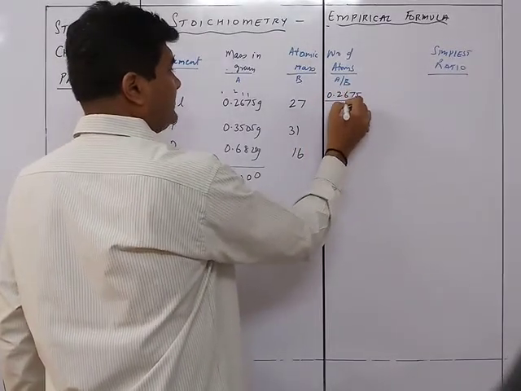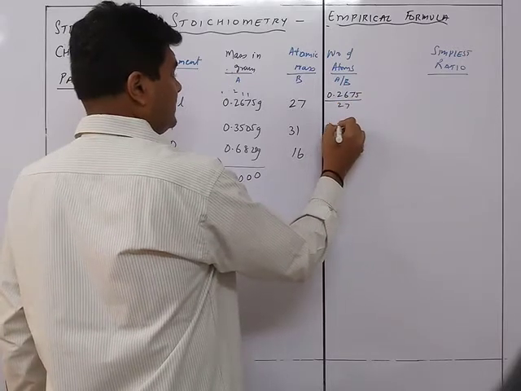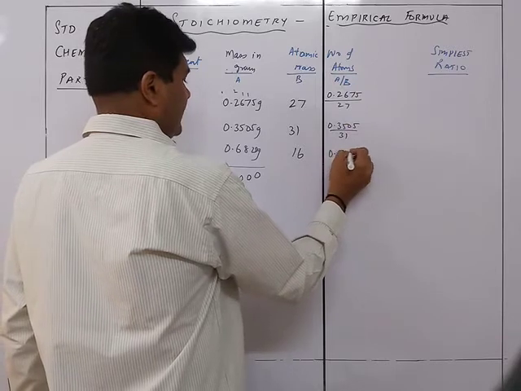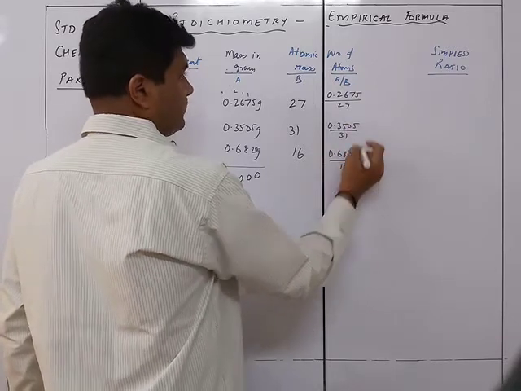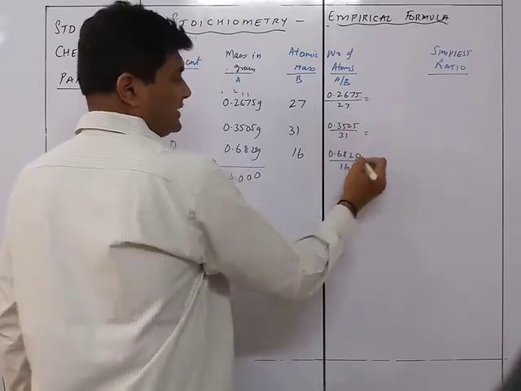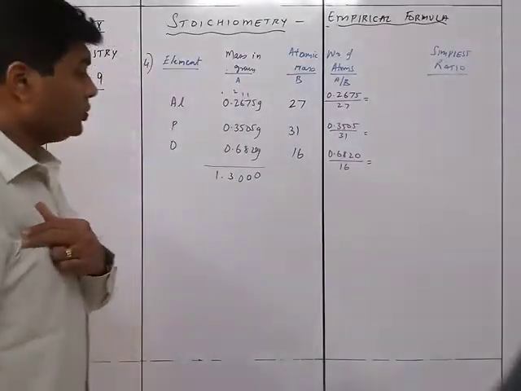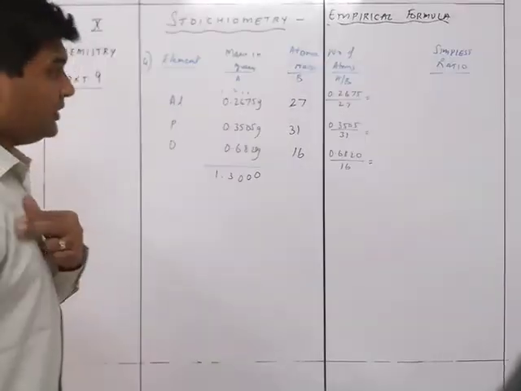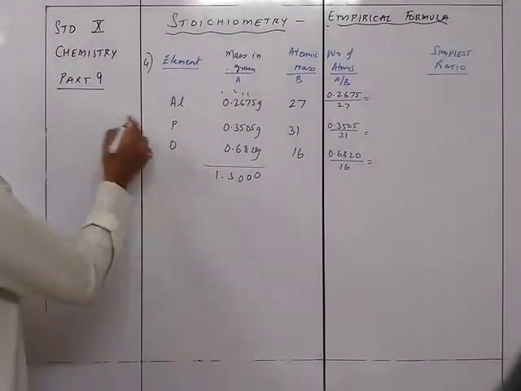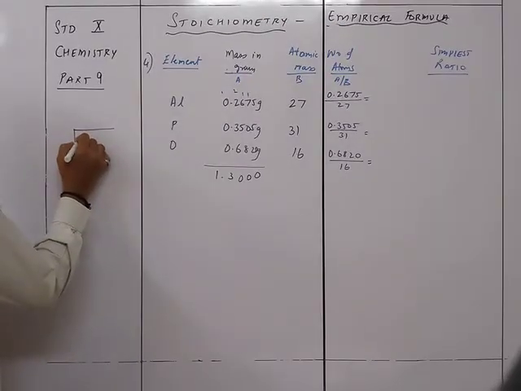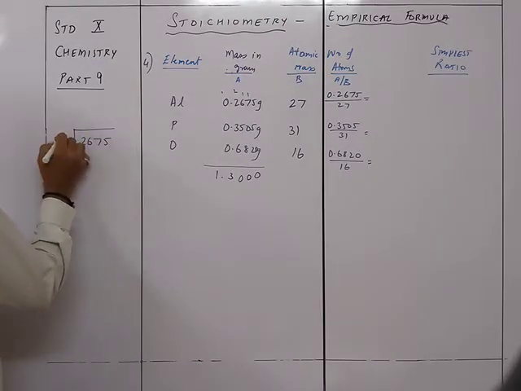So this is 0.2675 upon 27, this is 0.3505 upon 31, and 0.6820 upon 16. These are the calculations we need to do in this case. First, 2675 upon 27.